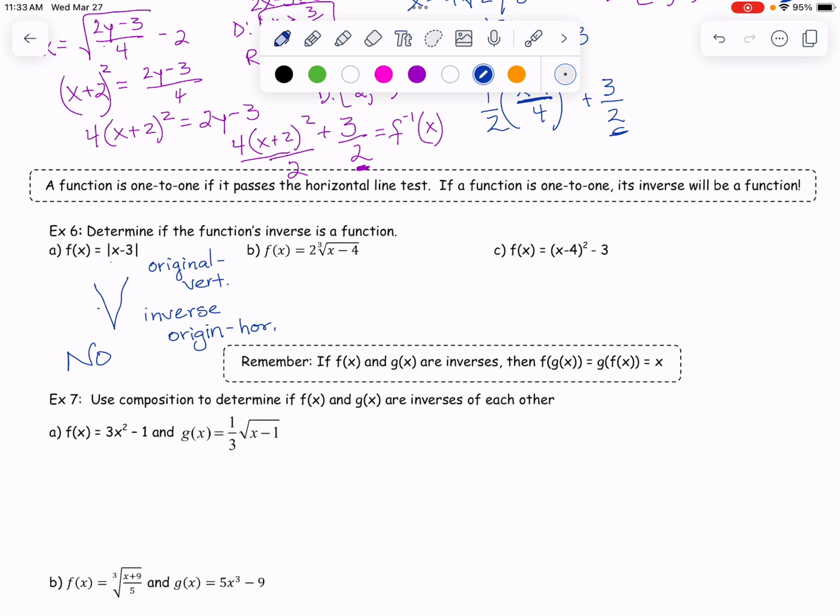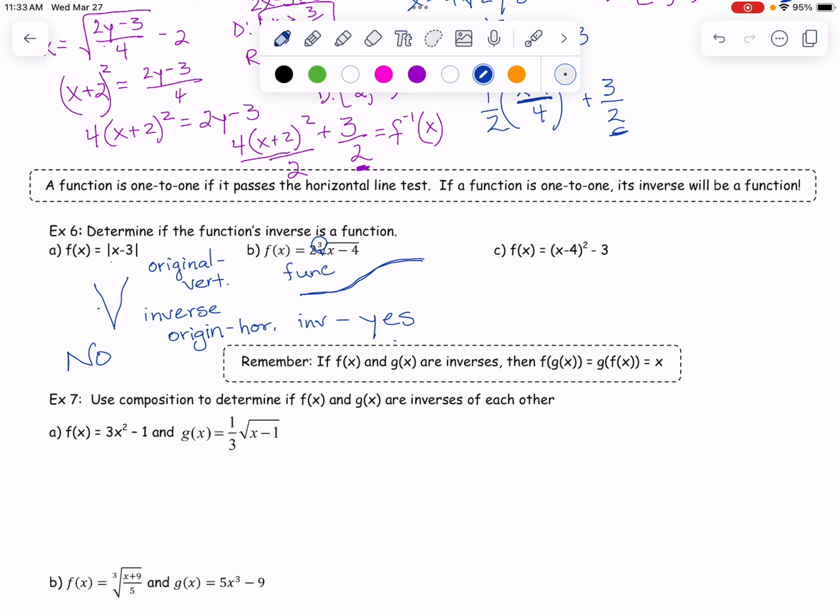This is a cube function. It's going to be this snake. So I'm going off of the original. The original is a function. The inverse, you're going to do a horizontal line test, and it will pass. So yes, it is. The inverse of a cube root is a cubic.